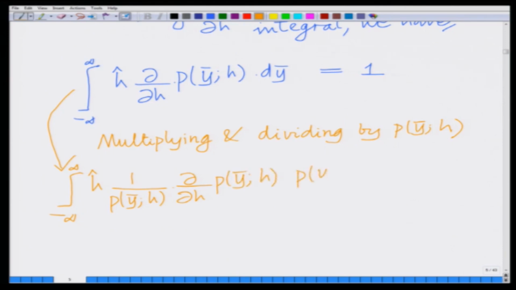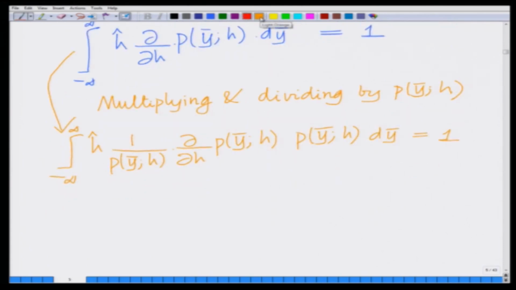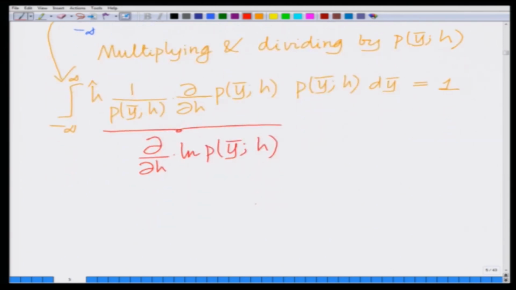Now, I am multiplying by the probability density function p of y bar parameterized by h, dy bar equals 1. And now, similar to what we have done before, if you look at this quantity, 1 over p of y bar parameterized by h times dou by dou h of p of y bar parameterized by h, this is nothing but the partial derivative of the log likelihood function, the partial derivative of the log of the probability density function of the observations y bar parameterized by h.